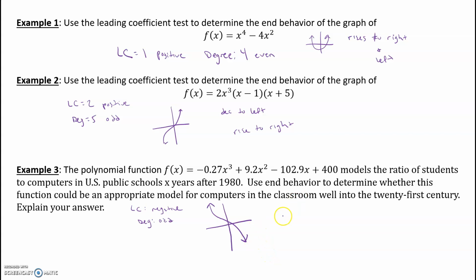So no, you can't have a negative computer ratio. And that's what this is saying, right? x years after 1980, we're going to start getting into the negatives.